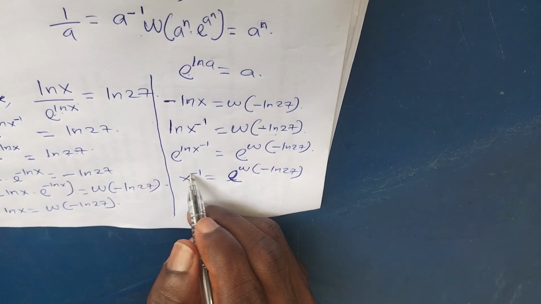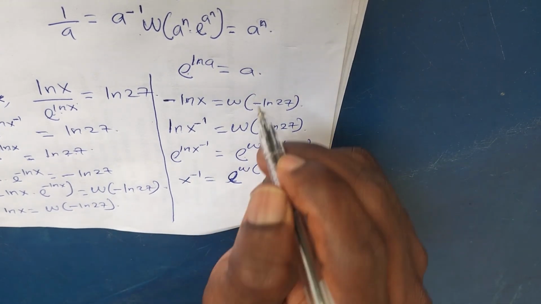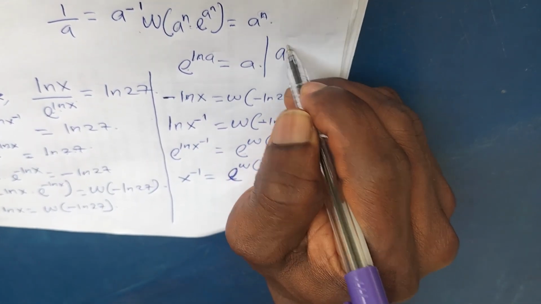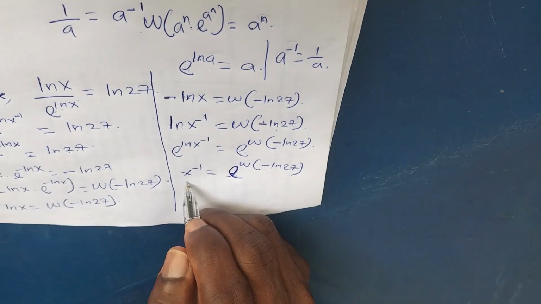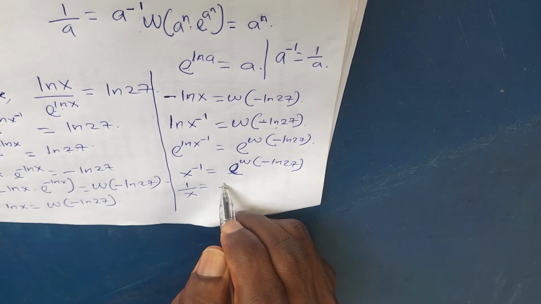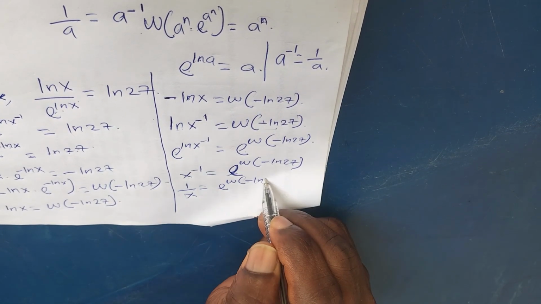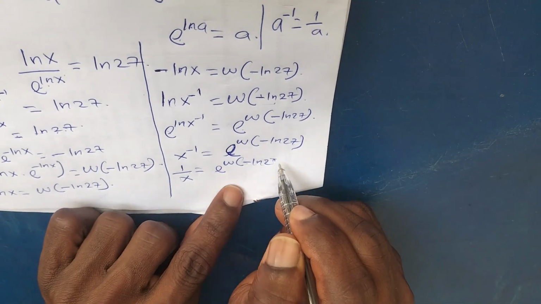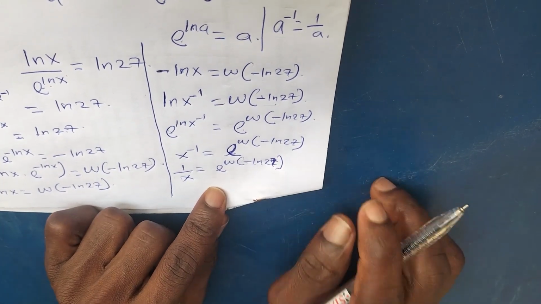But this is not the actual value of x, this is the inverse of x. Recall from the indices rule, a to the power of negative 1 is also equal to 1 all over a. So I can say 1 all over x equals exponent of the Lambert W function of negative ln of 27.